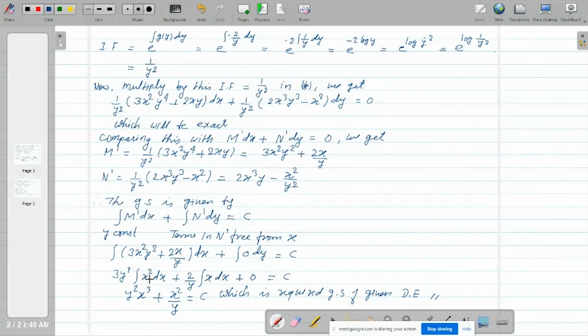So I am integrating x square, so this becomes x cube by 3, but 3 is already over here, so 3 and 3 cancel. So this becomes y square into x cube, and plus here, if you integrate x, you will get x square by 2, and 2 divided by 2 means cancel. So only term is x square by y equal to c, where c is the integrating constant. You understood this? Yes sir.